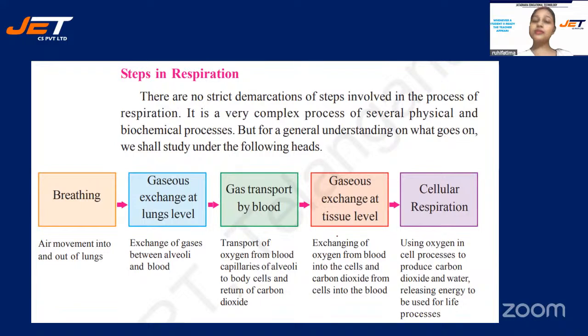Means first gases exchange will be there in the lungs, in the alveoli, and then after that, gases exchange will be there in the tissues, and then there will be cellular respiration. Using this oxygen in cell processes to produce carbon dioxide and water, releasing energy to be used for life processes. Okay, so there are several processes involved in respiration. We'll do one by one.